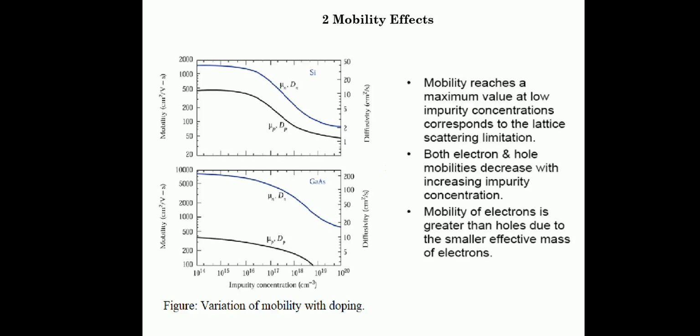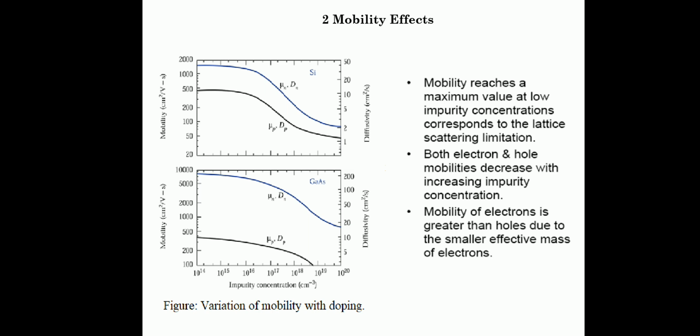So we can summarize the mobility dependency on temperature and doping in this way: the mobility mainly depends on scattering, and we have two types of scattering, impurity scattering and lattice scattering. Impurity scattering is predominant at low temperature, and lattice scattering is predominant at higher temperature. So both at low temperature as well as higher temperature, the mobility decreases due to this scattering.